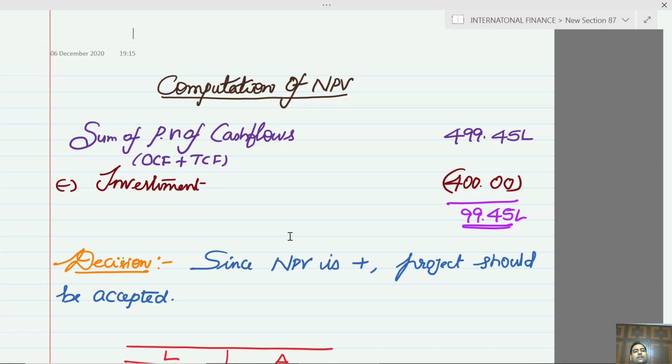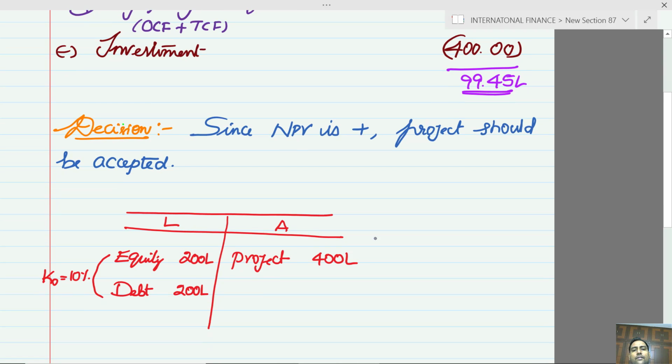If you ask me, why did you get 99.45 lakhs profit from this project? The concept is so simple. See this? From this investment, you are getting 20% return. To finance this investment, you are getting funds from equity and debt at a cost of 10%.